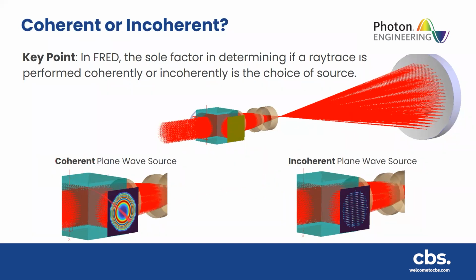When we use the coherent source, we get exactly the interference pattern we expect. A nice fringe pattern there because of the two beams interfering. If I use the exact same plane wave source, same aperture, same wavelength, but an incoherent version, and Fred has coherent and incoherent versions, this is the result we get.